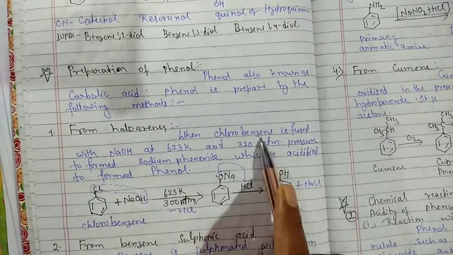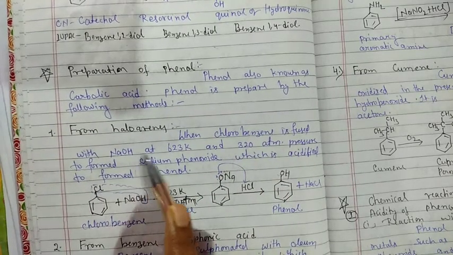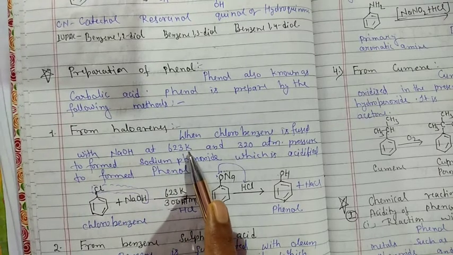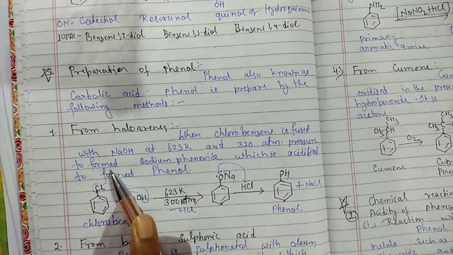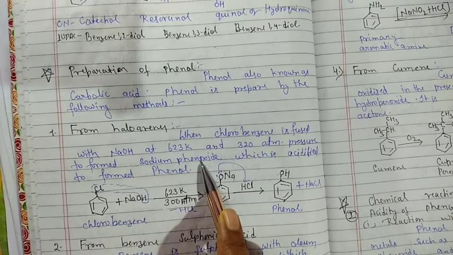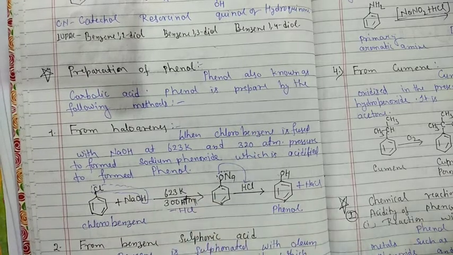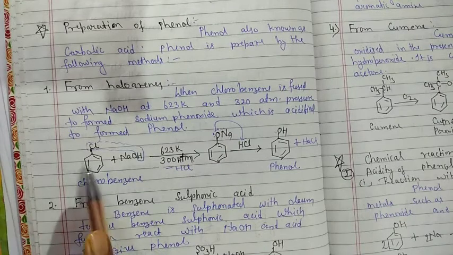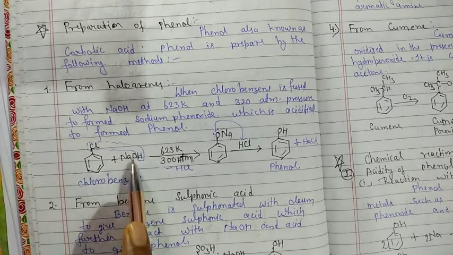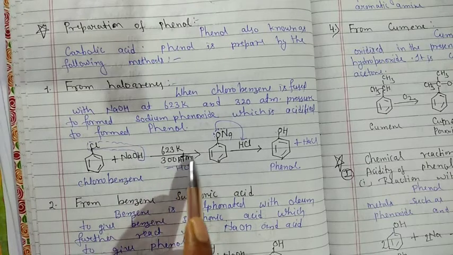When chlorobenzene is fused with sodium hydroxide at 623 K and 320 atmospheric pressure, it forms sodium phenoxide, which is acidified to form phenol. You see here the example. This is chlorobenzene fused with sodium hydroxide at 623 K and 300 atmospheric pressure.